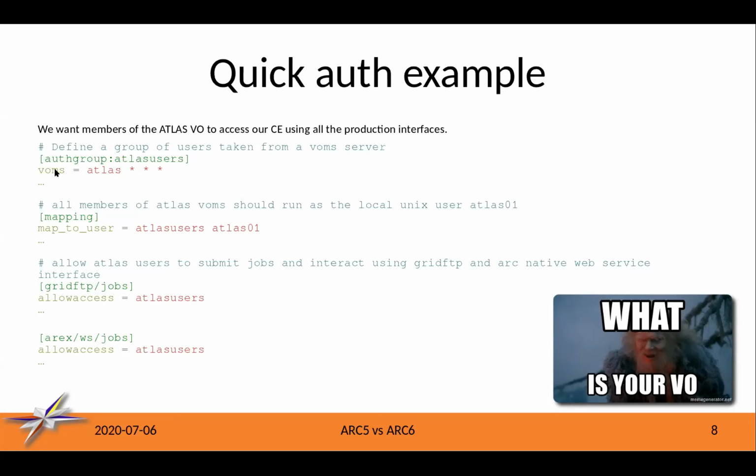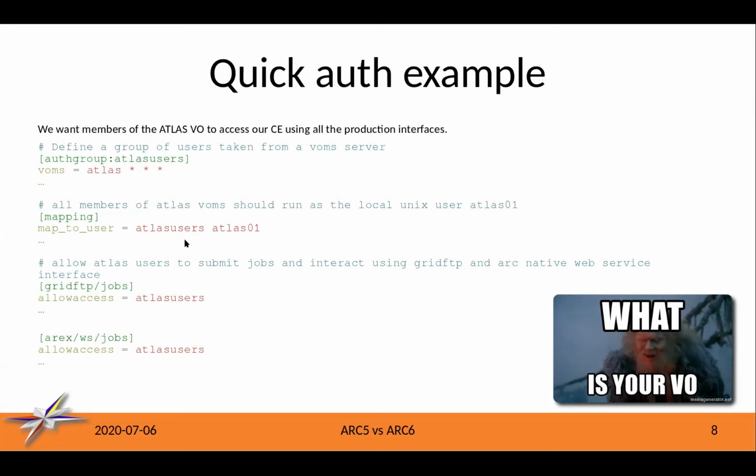And then you say, I want these users to be those that are members of the Atlas VOMS in all roles. And this will basically create a list of the DNs of users that are allowed by Atlas. Then with the mapping block, you can decide that all the members of the Atlas group will be running in the cluster as user atlas01.